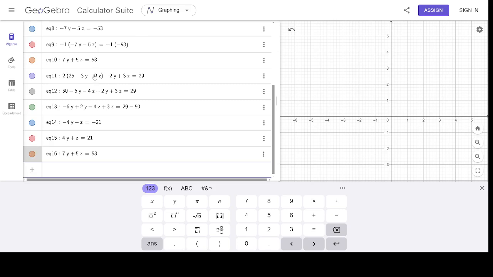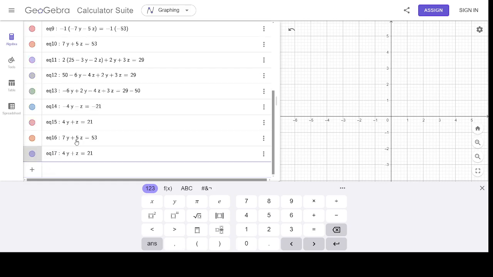And then we have this other equation here, 4y plus z, is equal to 21. Alright, look at them. Are you seeing? 7y plus 5z is equal to 53, and 4y plus z is equal to 21.